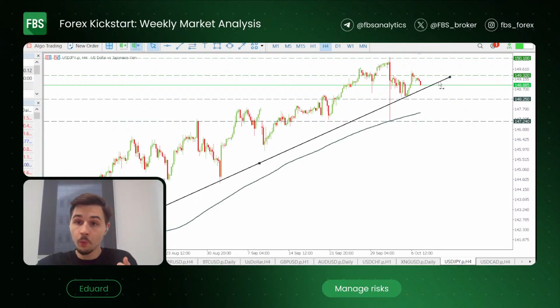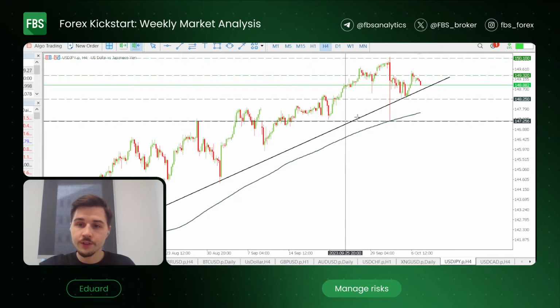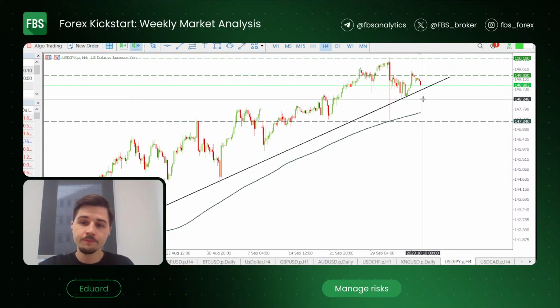and this local downtrend will change to a mid-term, more global downtrend when and if the price breaks through this trend line and breaks through the level of 148.25. So this level is for me the first target where I will say, okay, this is definitely some form of a downtrend, and I will look for sell trades.